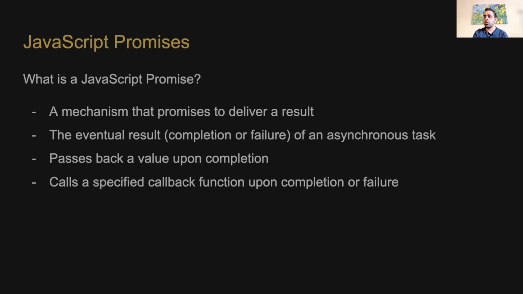Or it might have been completion: Chandler went to the store and bought barley, which is not really a sensible food item to bring for a party. But that's the eventual result that's going to come back to us of an asynchronous task. So you gave a task, expecting a result.